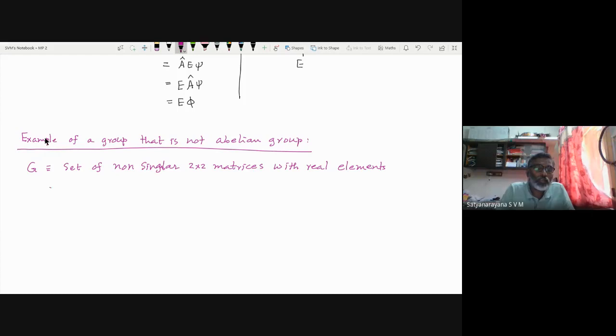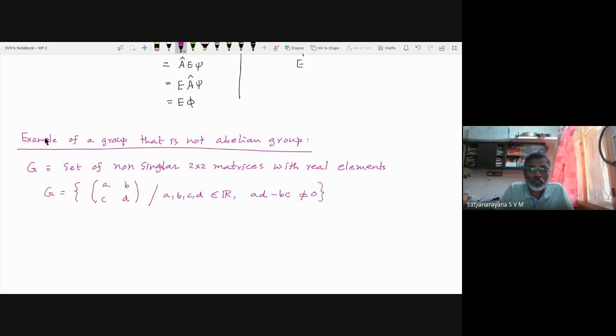That means G is the set of matrices (A, B; C, D), a 2x2 matrix such that A, B, C, D are real numbers and AD minus BC is not equal to 0. Okay. This is the set of matrices. And then you define this operation as matrix multiplication.